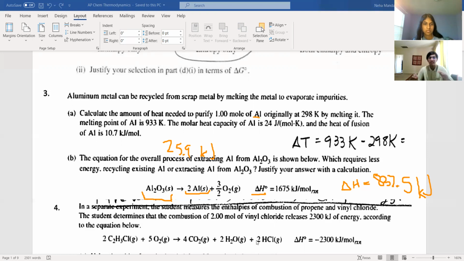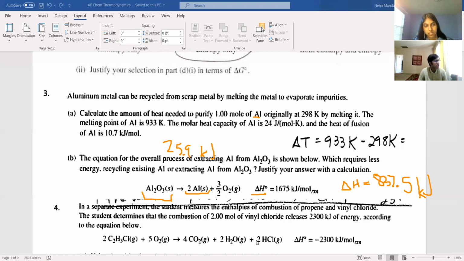They ask you to compare this process using this other chemical reaction versus just taking impure aluminum and melting it to purify and then evaporating out the impurities. That's recycling versus using this chemical reaction. Oh, okay. So it takes much less to recycle. We had 26. But this seems very fishy because why does it take so much more? I don't know.